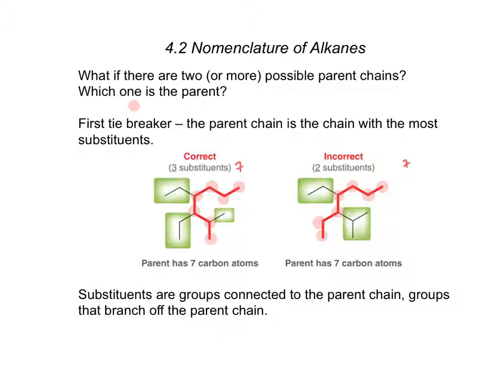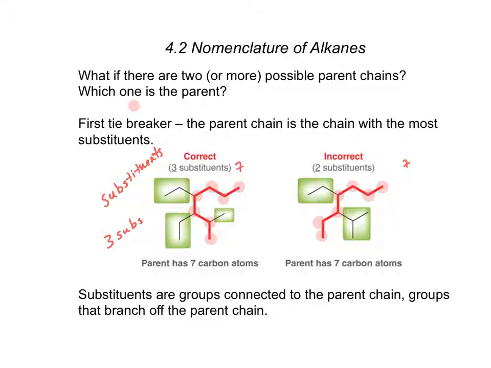Okay. So note that off of our parent chain, we have these other little branching groups. These things are called substituents. On our guy on the left, we have 1, 2, 3 branches. We have 3 different substituents. So this guy has 3 subs. Whereas our guy on the right only has 2 branches.